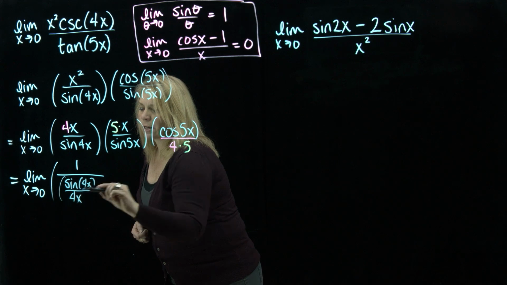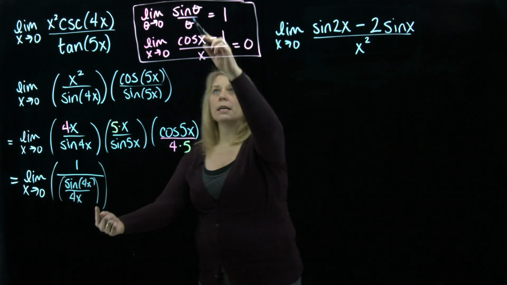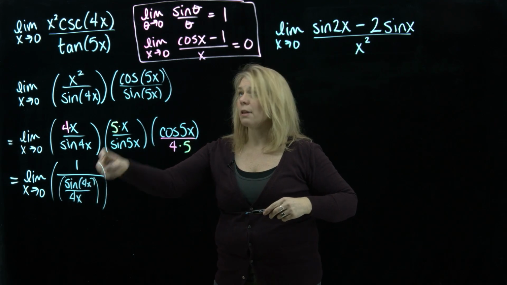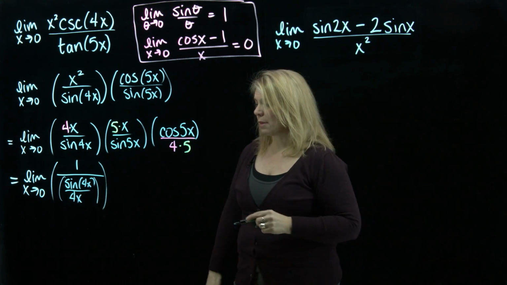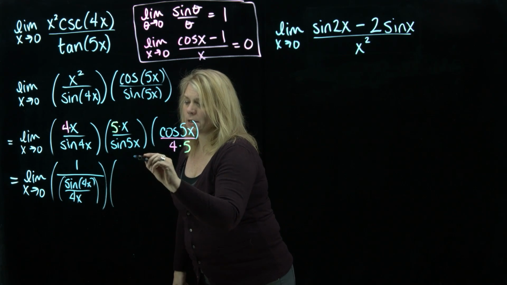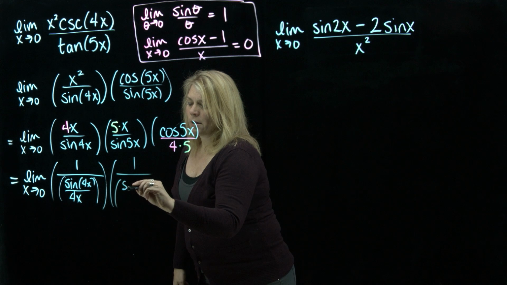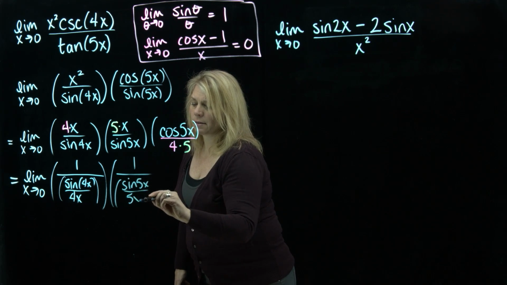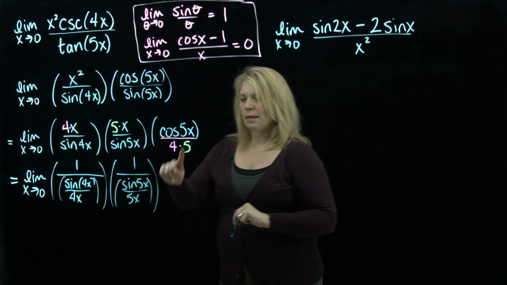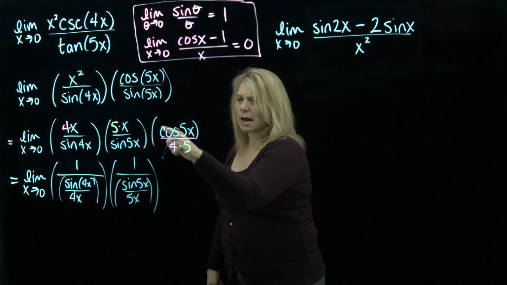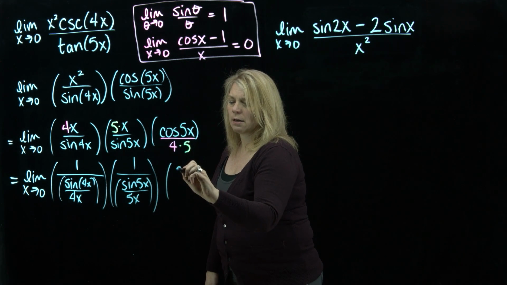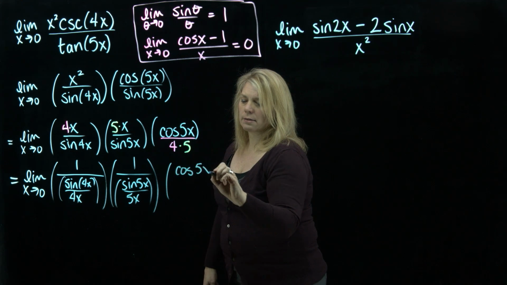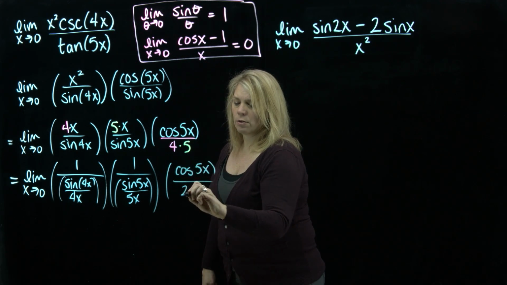And so that expression that I have now on the denominator there is my sine theta over theta form, so that matches exactly that form there. I'm going to do the same thing here. So I'll have 1 over sine 5x over 5x. And then this one, I don't need to re-manipulate, so I'll just write that as cosine 5x all over 20.